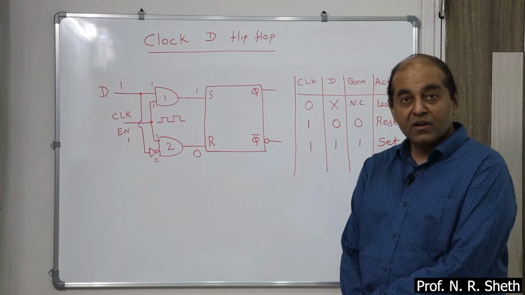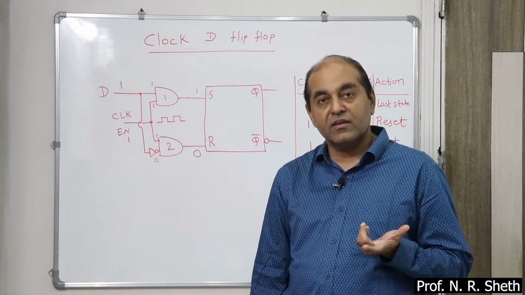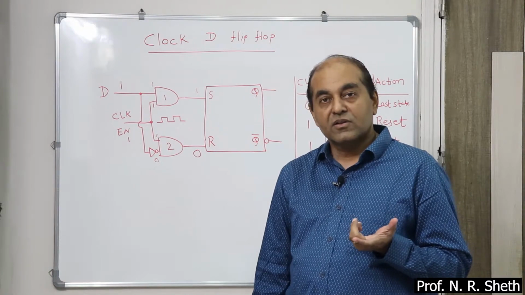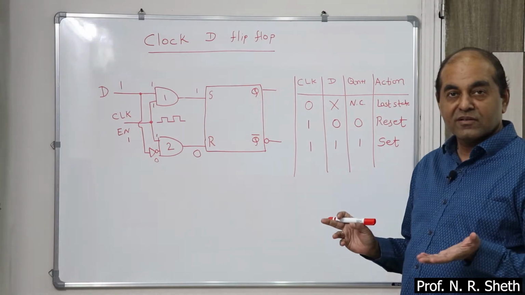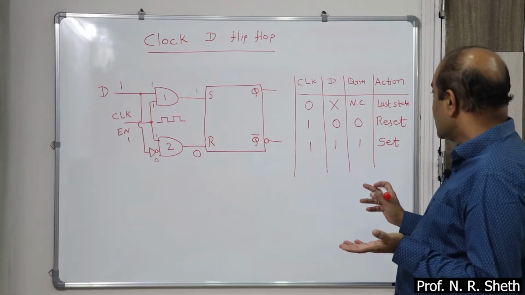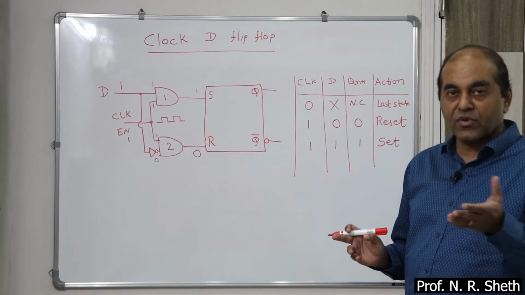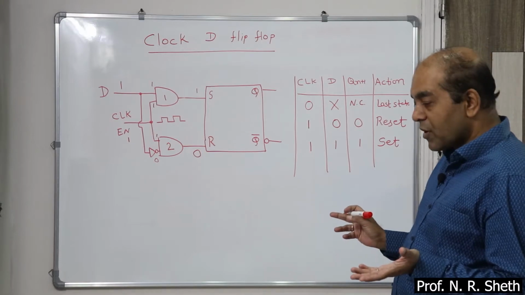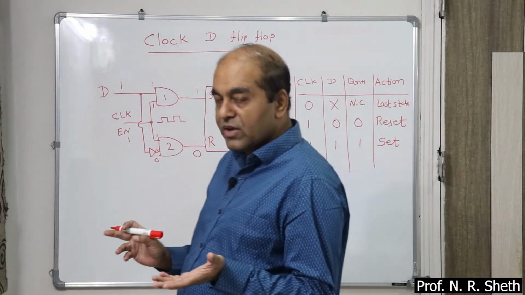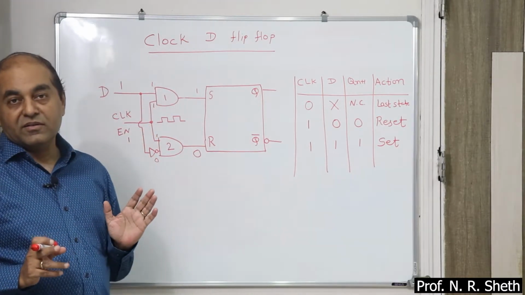So, here there is a single input, data input D. So, only two cases: either your flip-flop is set or flip-flop is reset. So, the problem of forbidden state, that Q and Q bar are not complement to each other, is automatically eliminated.